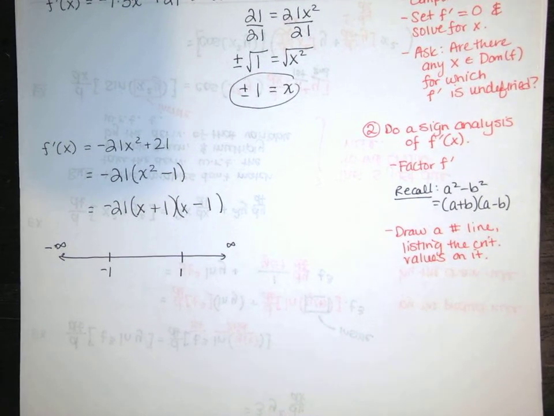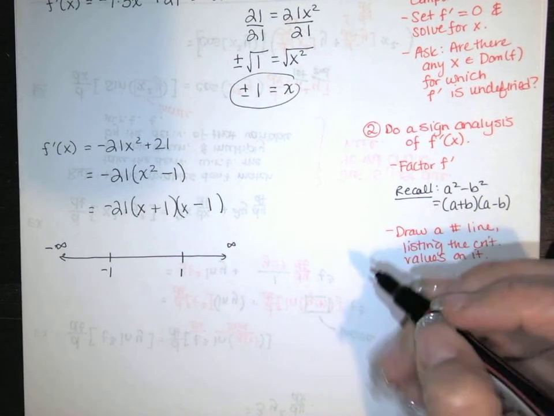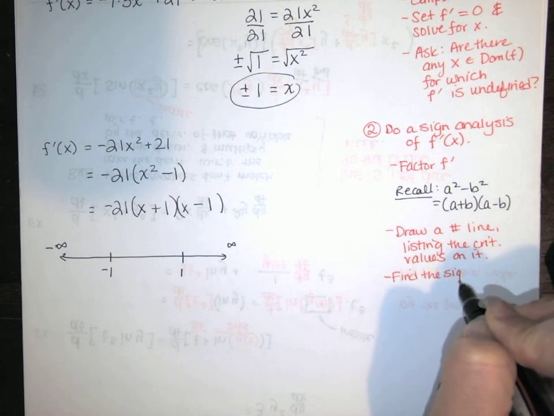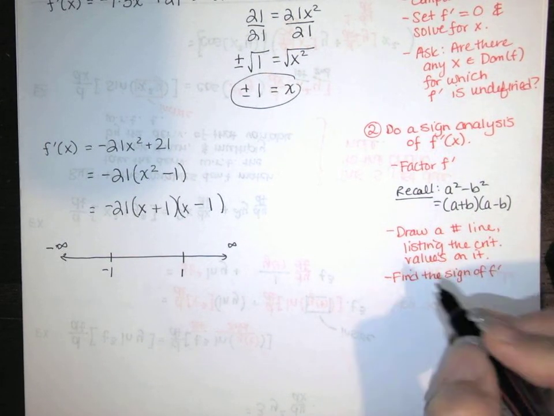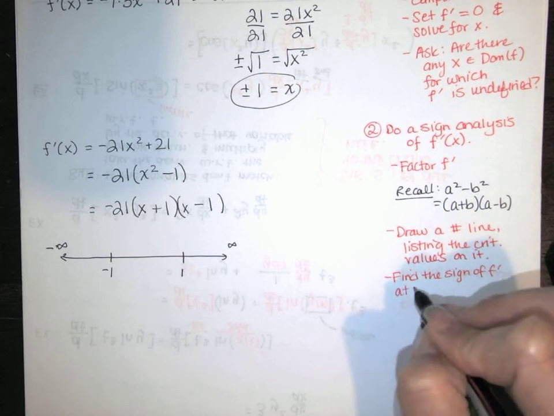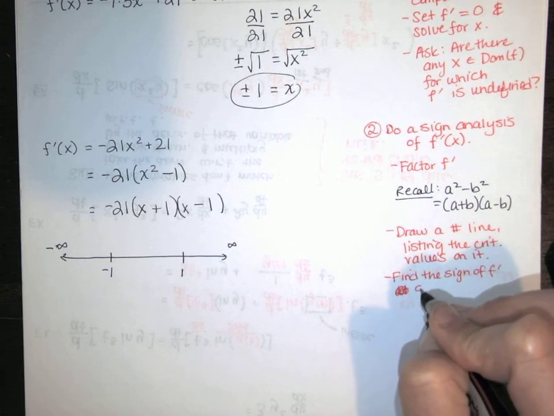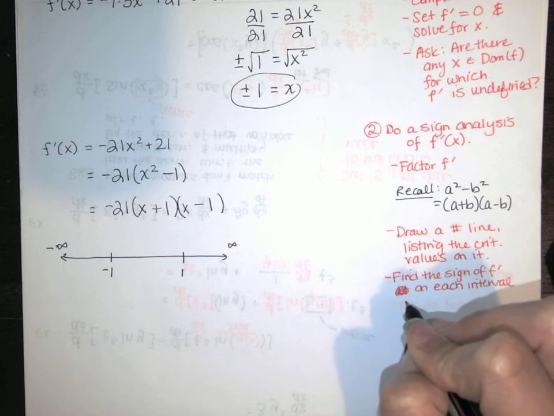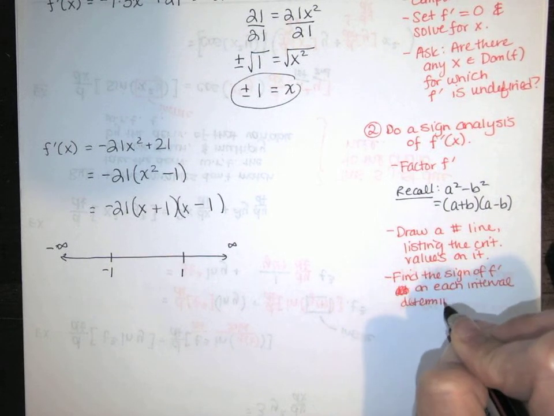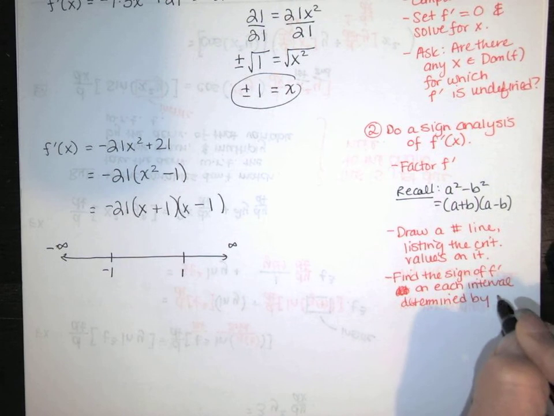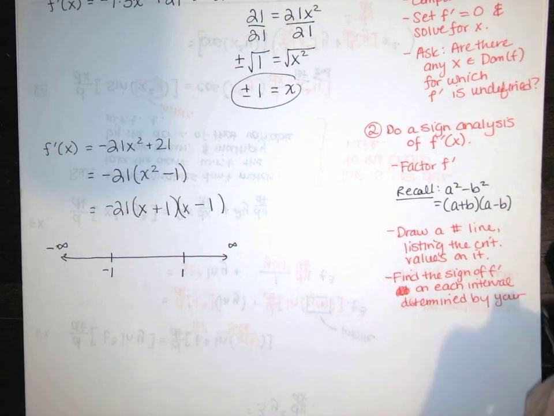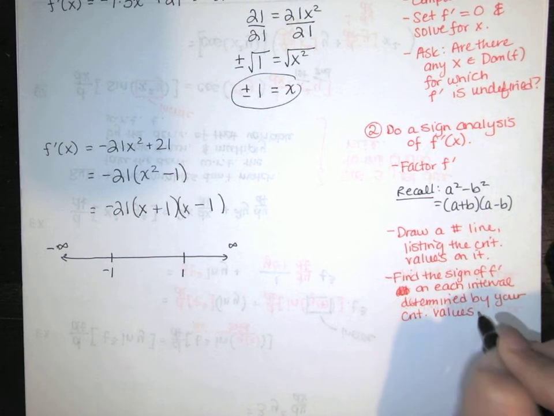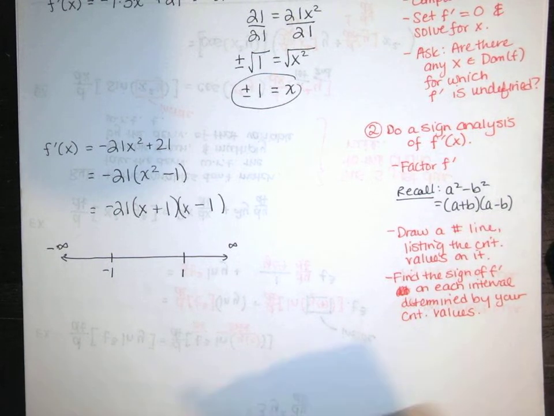Okay, so we've drawn a number line, and then you want to find the sign of f prime on each interval, the intervals determined by your critical values. And usually we do this using a test point on each interval.